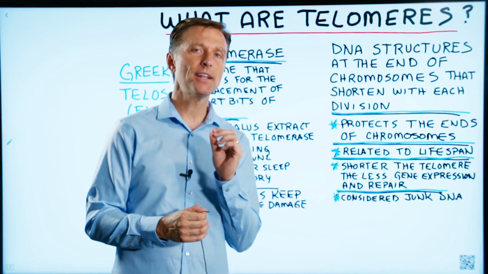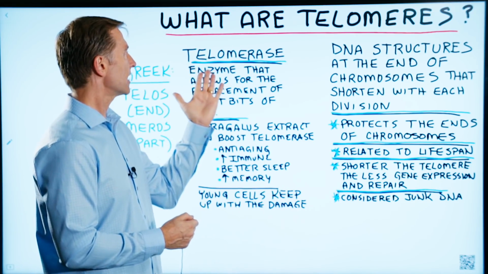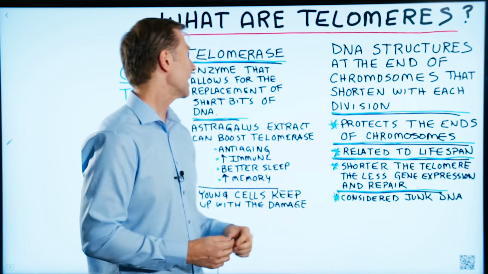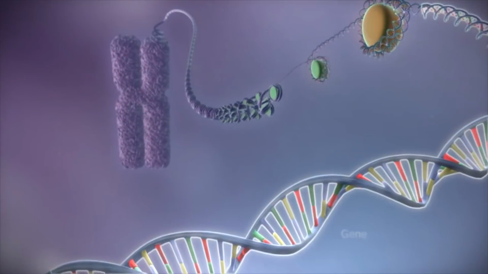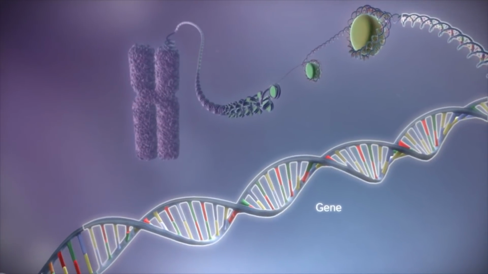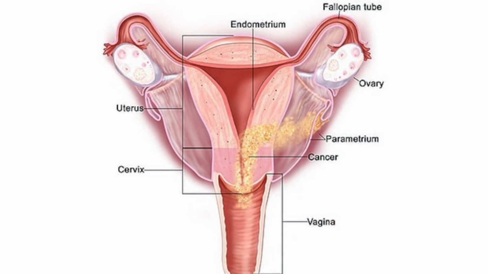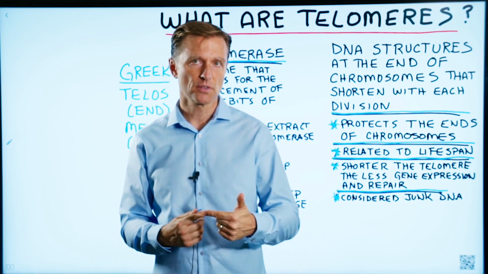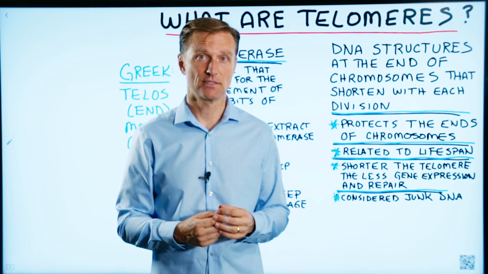Now, how do you explain cancer cells that can live forever? Well, they produce an enzyme called telomerase, which can counter this shortening effect. So telomerase is an enzyme that allows for the replacement of these short bits of DNA. In fact, in the 50s, there was this lady who had cervical cancer, and they extracted this cervical cancer, and they started to reproduce these cells out of her body over and over and over over a period of decades, okay?